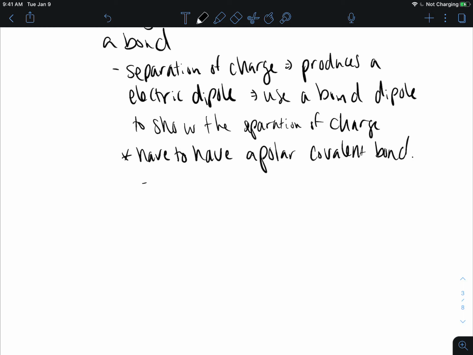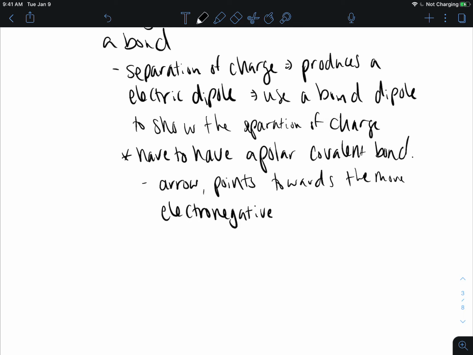So we have an arrow, and it points towards the more electronegative atom. And then it's going to have a plus sign at the end of the arrow over the more electropositive atom.